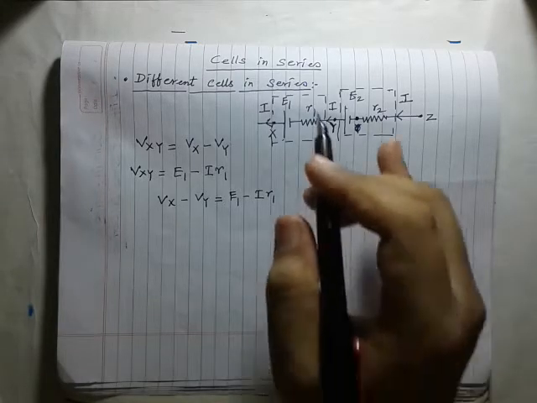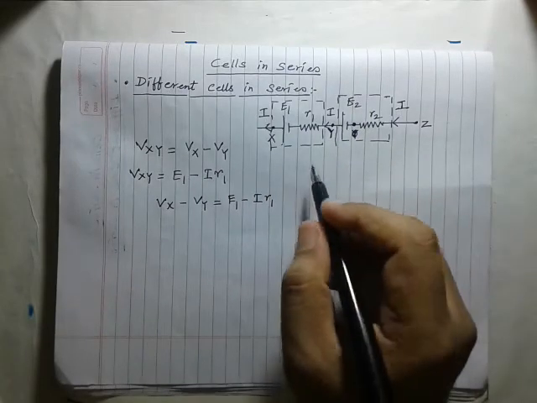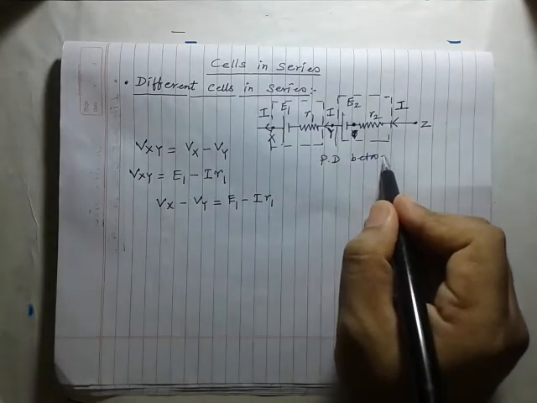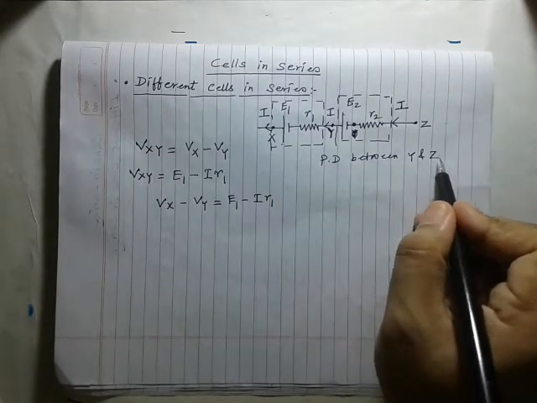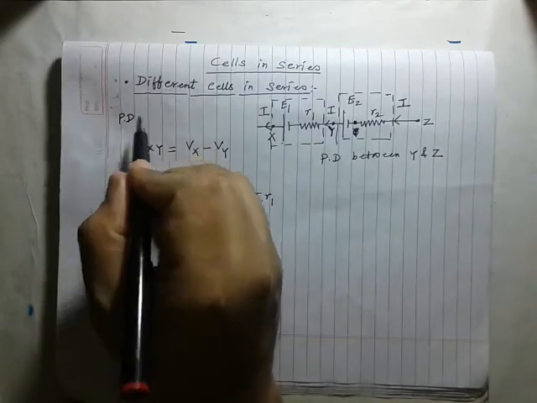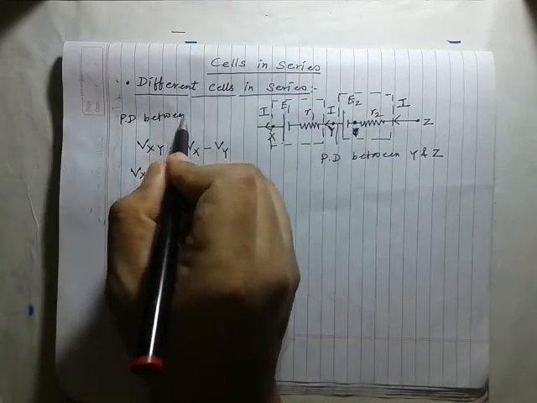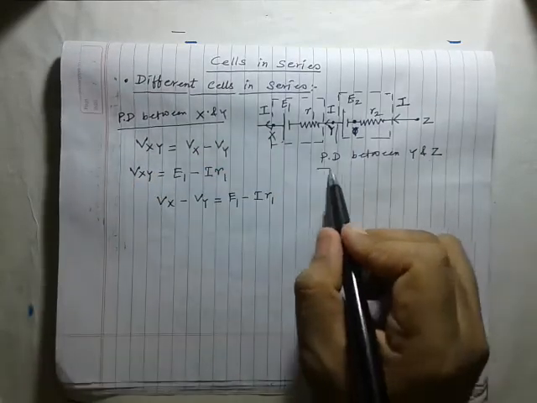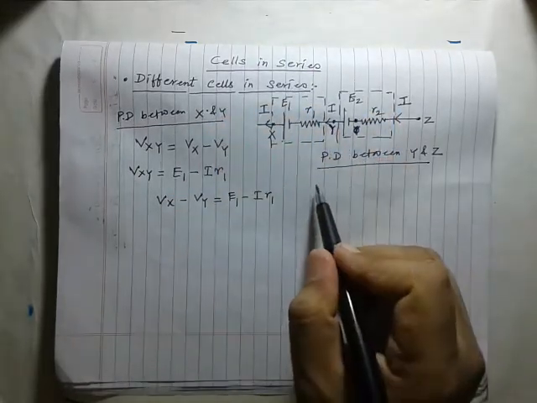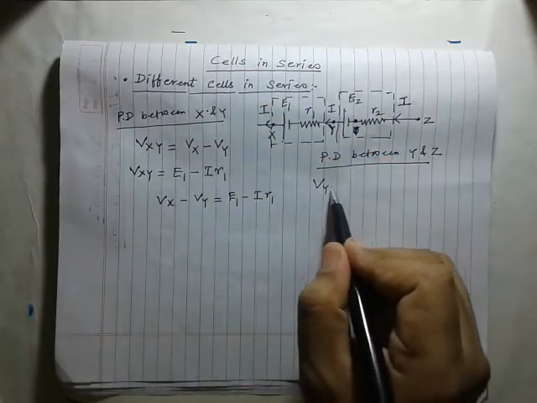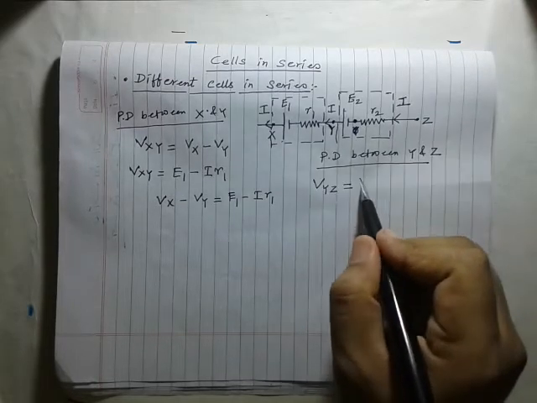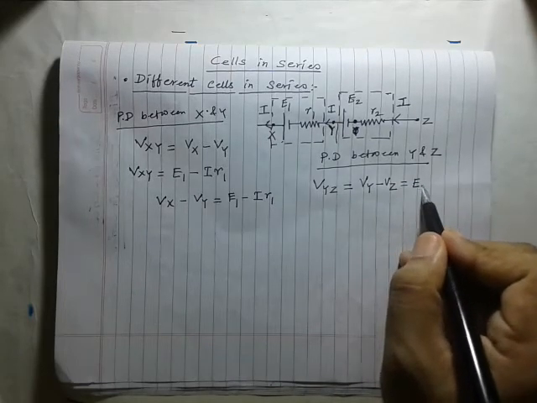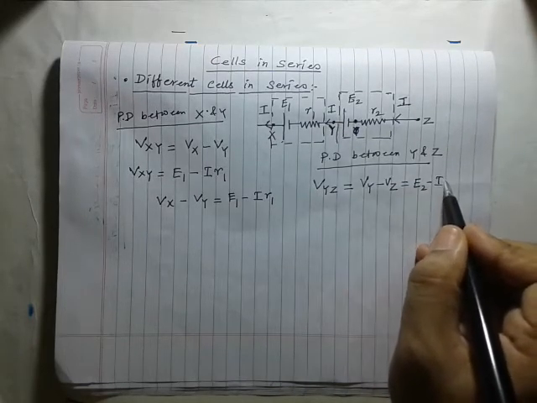And the potential difference between Y and Z. You write potential difference between X and Y, potential difference between Y and Z. So again we write Vyz is equal to Vy minus Vz. Also you can write E2 minus I R2.